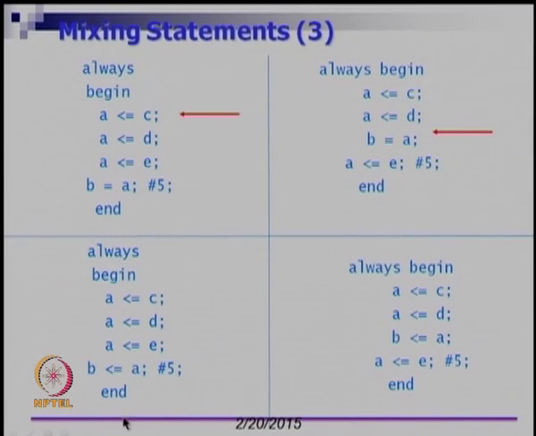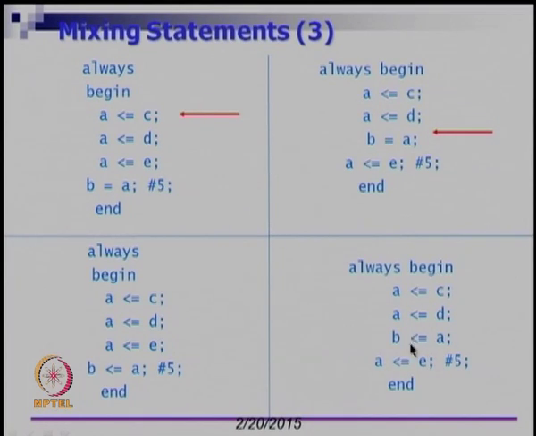Let us look at what happens here. So, A equals C, A equals D, A equals E, and this means whatever is the current value of E, assign it to A in the future, and whatever is the current value of A, assign it to B in the future. That is the meaning of this, and the meaning of this one is C and D, right, of C and D, D is the latest assignment.